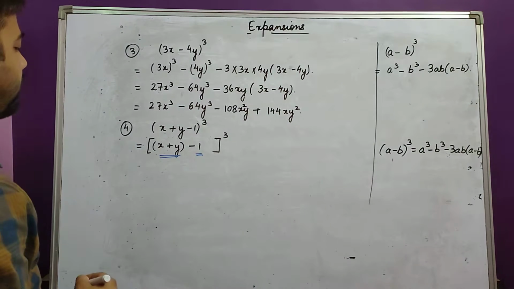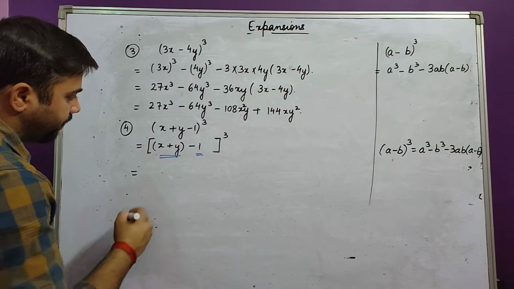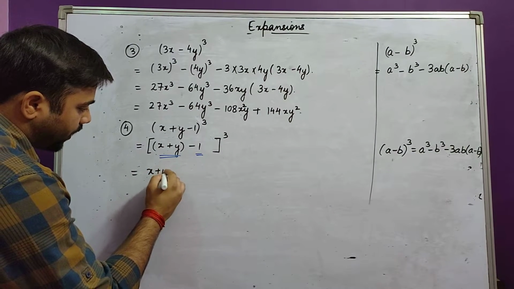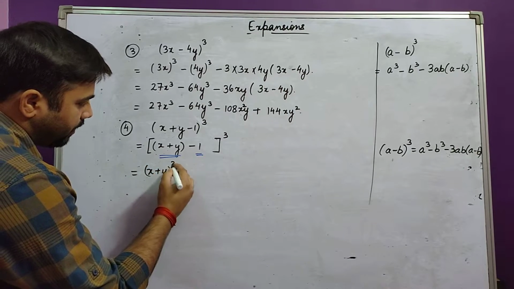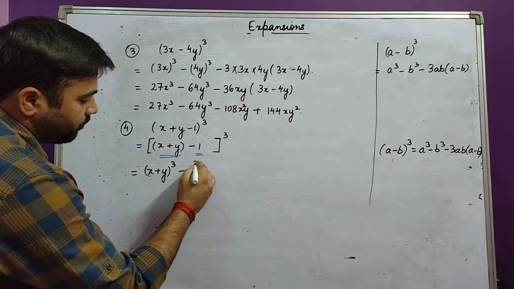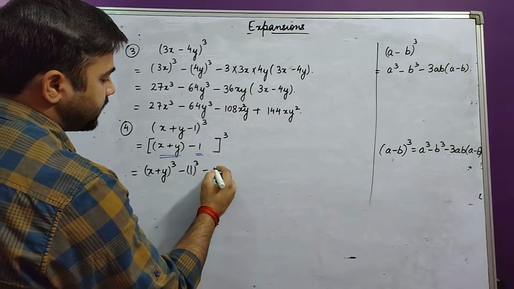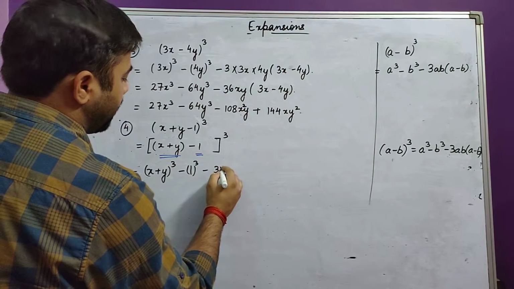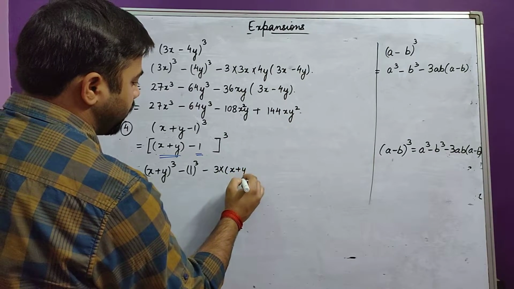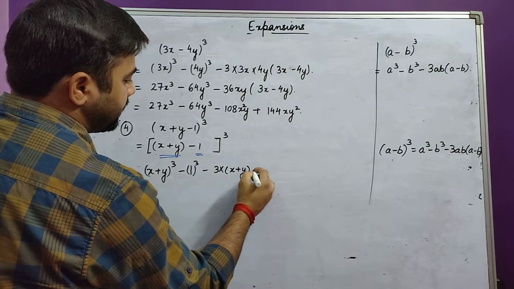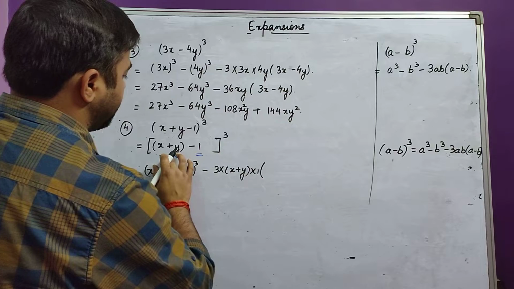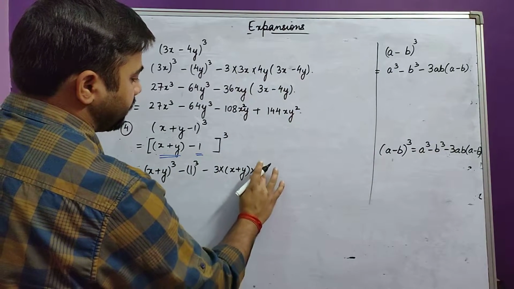Now we are going to apply it, just have a look everyone. (x plus y) whole cube minus 1 cube, that is first term cube, minus second term cube, minus 3 multiplied by the first term, that is x plus y, multiplied by the second term, within the bracket first term minus second term.